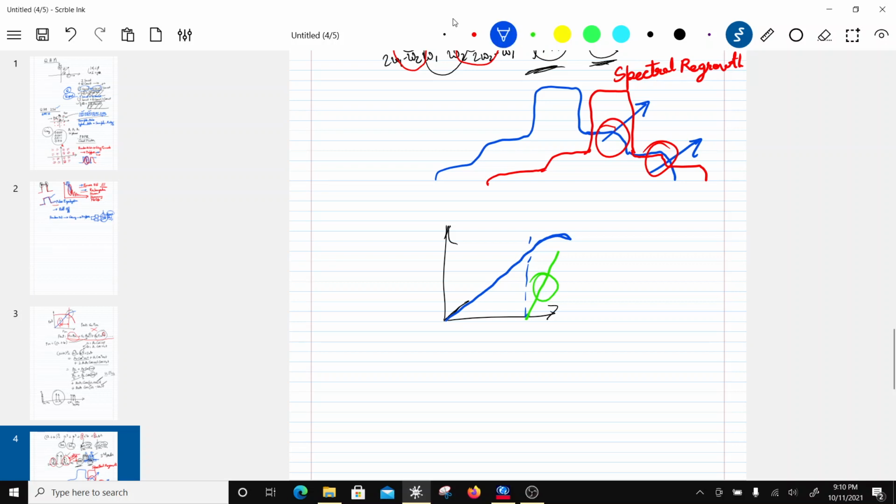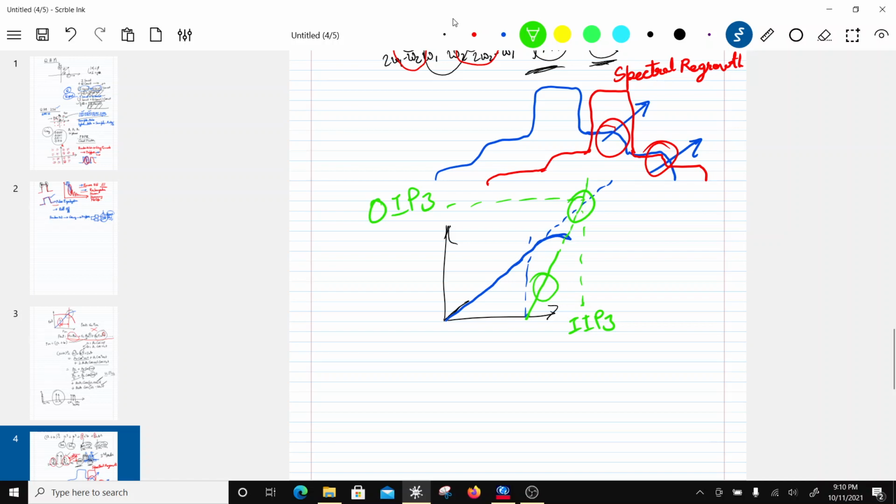So let's say this is the linear slope here, and this is 3 times the slope over here. So they are going to meet somewhere, right? At this point, the output power is going to be called output IP3, and this would be called the input IP3.